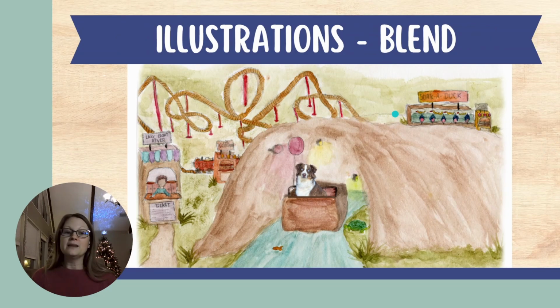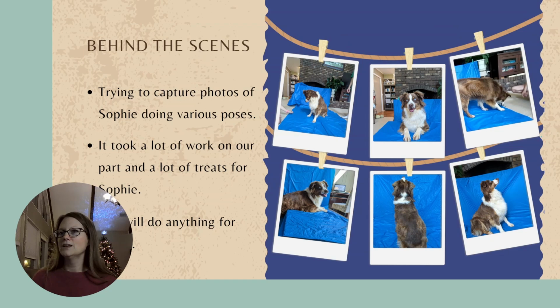Or maybe you can do a blended illustration. So again, my daughter Lacey did watercolors, but then we also had a picture of our dog, Sophie, inserted in there via Photoshop. Here's a little behind the scenes look. So we had to put this blue screen up.